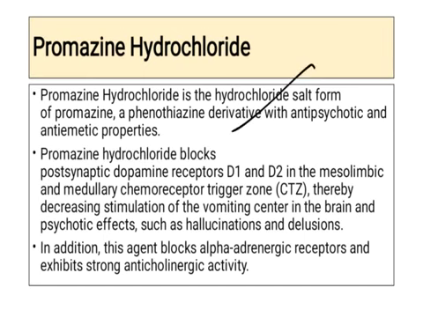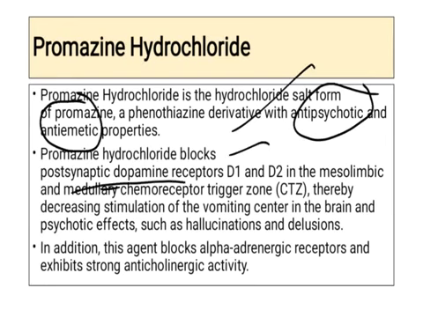It is a derivative of phenothiazine having antipsychotic activity as well as anti-emetic activity. So it blocks postsynaptic D1 as well as D2 receptors in the mesolimbic pathway and the medullary chemoreceptor trigger zone.